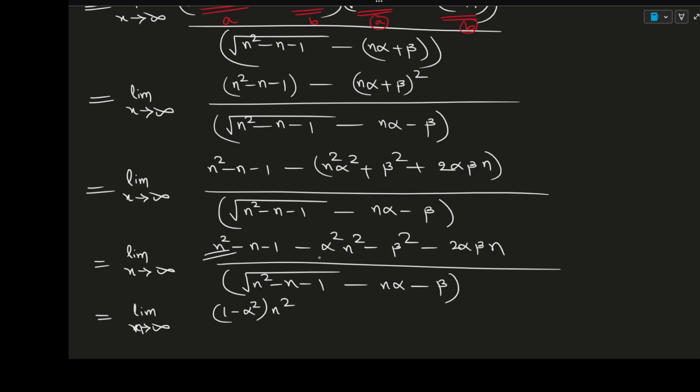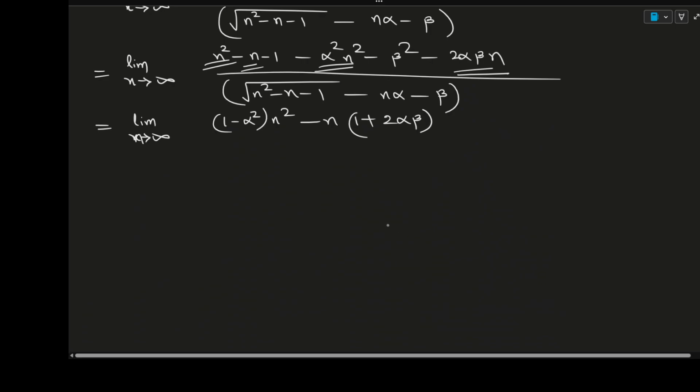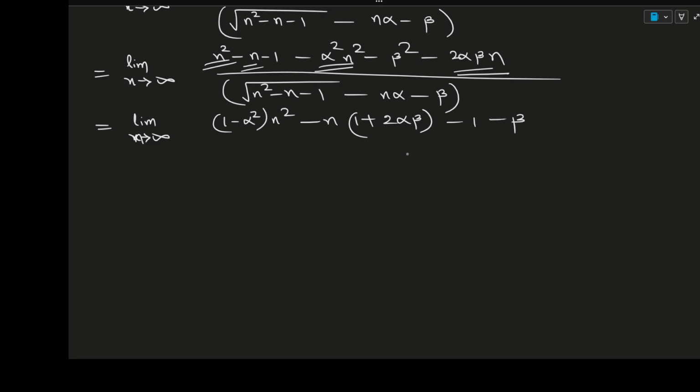Okay, here this one I have taken n square common. Now I am taking minus n common from this one and this one. So I'm taking minus 1 common, so it will be 1 plus 2 alpha beta. So now the rest of are 1 minus beta.